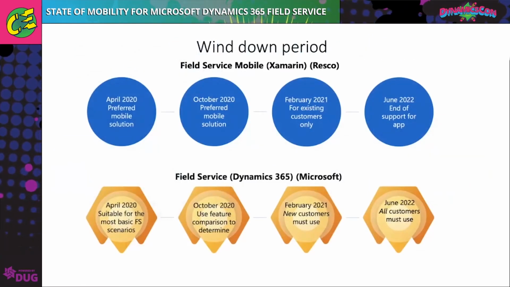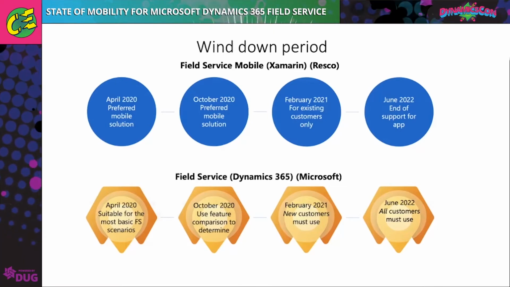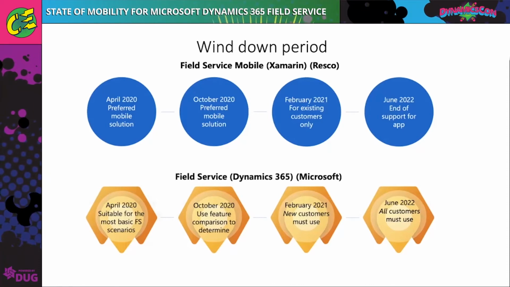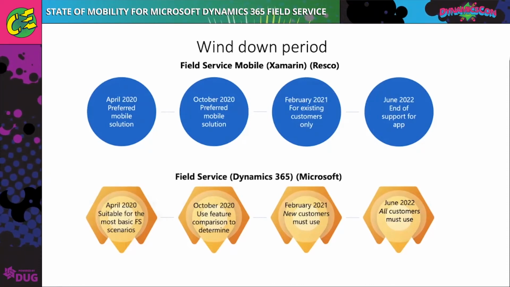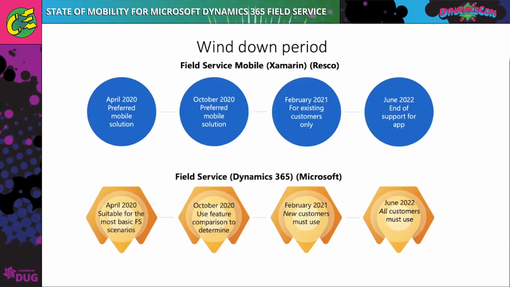There are some changes happening, however, and it all started last year in April 2020. Microsoft first released the information that they'll be rolling out their own mobile application, which will eventually replace the Xamarin application. And for the simplicity of the terminology, we'll just refer to it as the yellow application, and it's fully Power Application based.